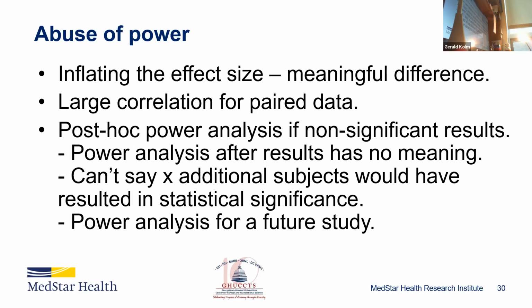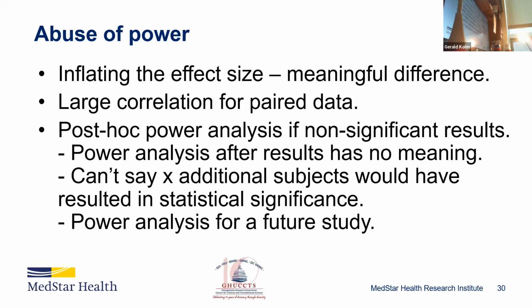You need to base it on a meaningful difference or a clinically significant difference, rather than making it so big that you don't need as many subjects, as many patients. I've seen this quite a bit, particularly in the medical literature. Sometimes you'll see effect sizes of like 35, 50%.